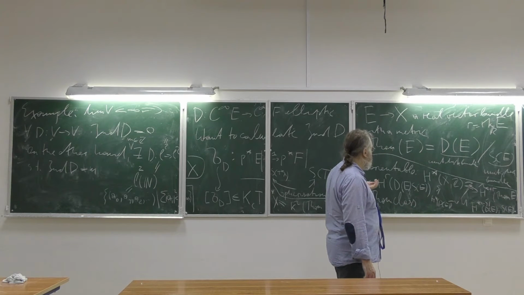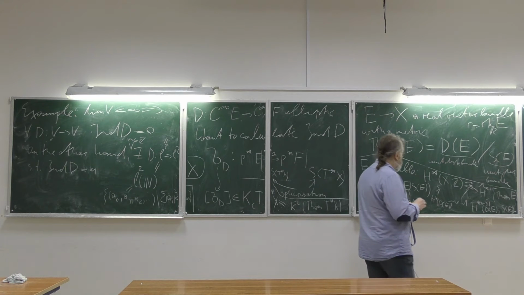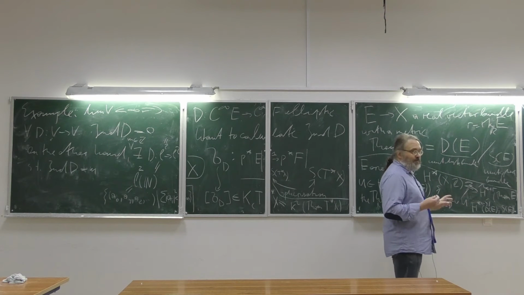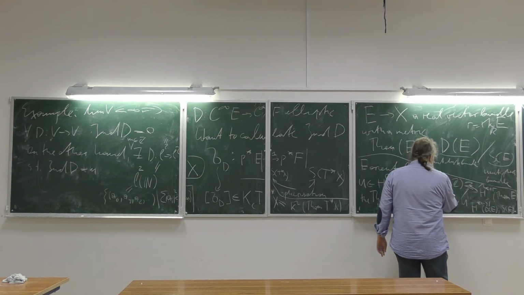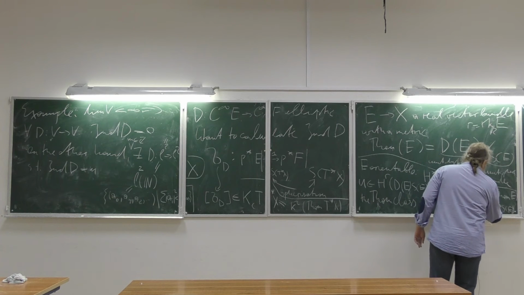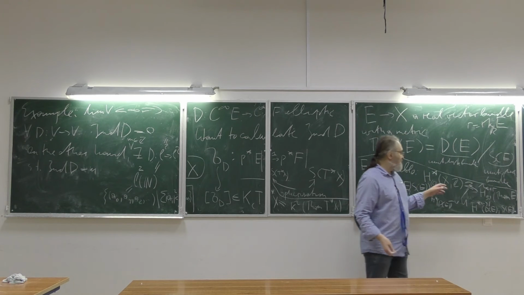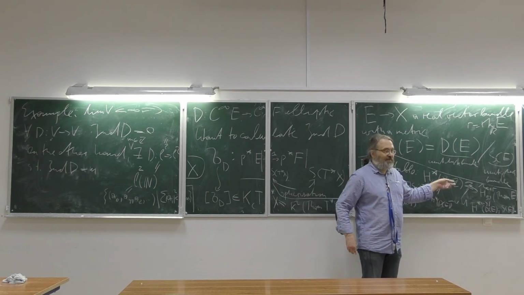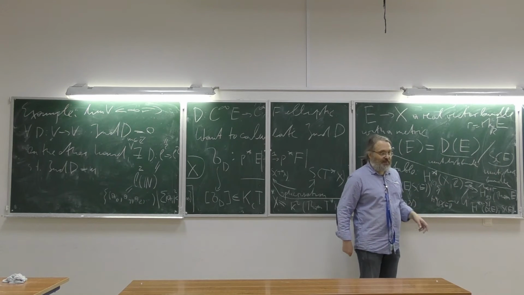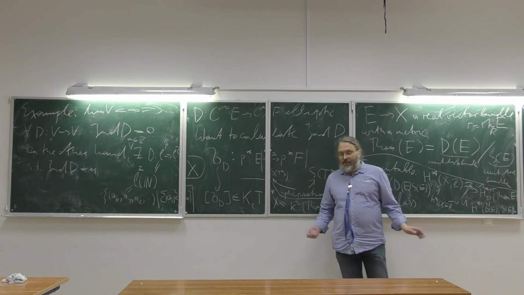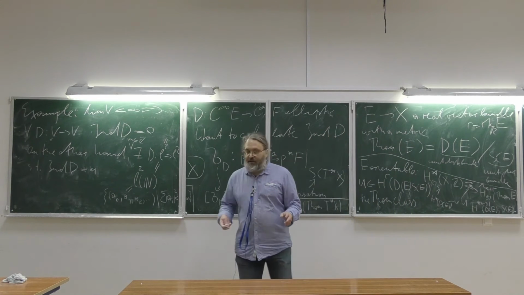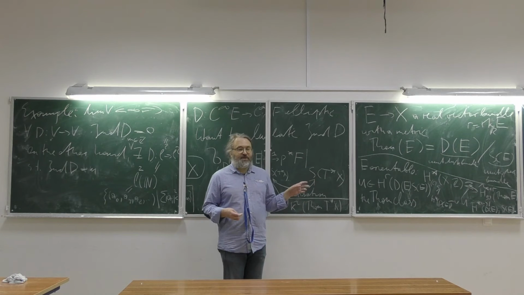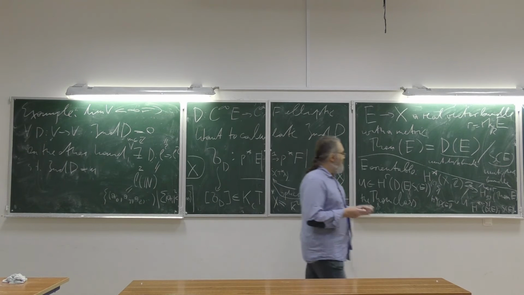Now, another remark which we'll need is that there is the Thom isomorphism theorem for compactly supported cohomology as well. Now, does this expression make any sense? Compactly supported cohomology.